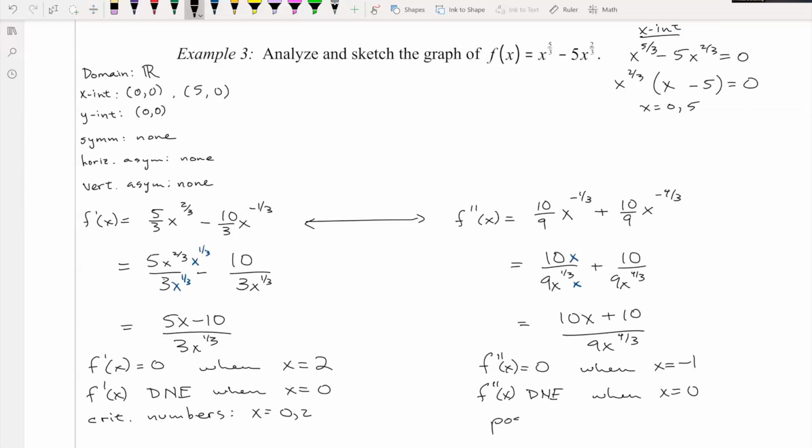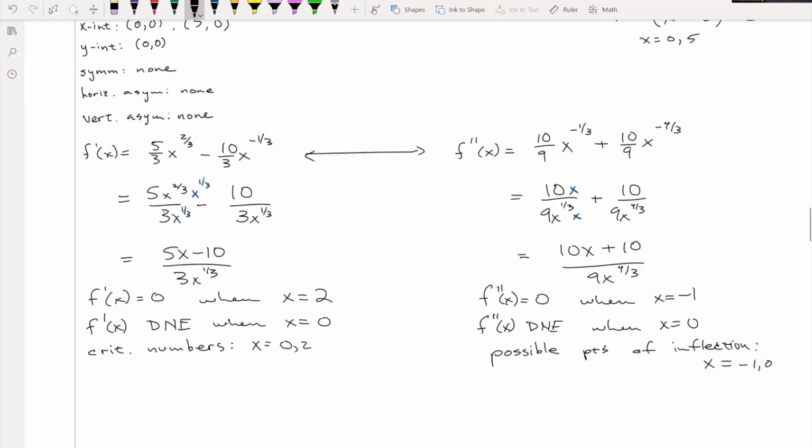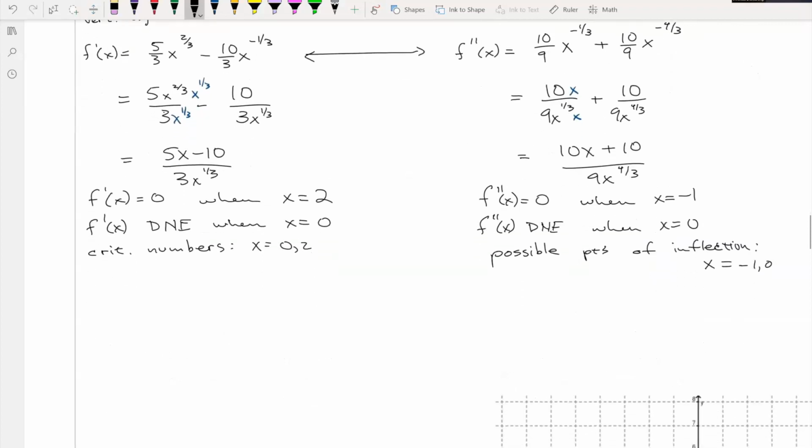So possible points of inflection are x equals -1 and 0. All right, we've actually done a lot of good work here.